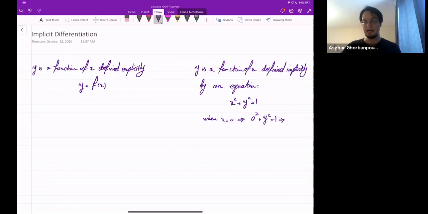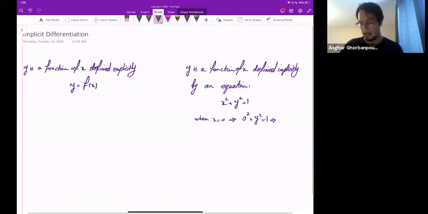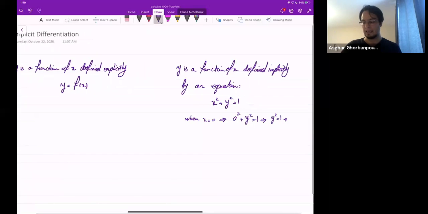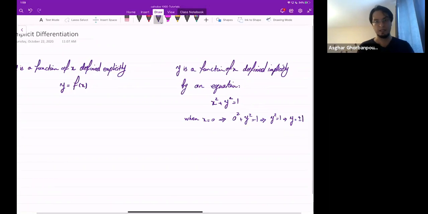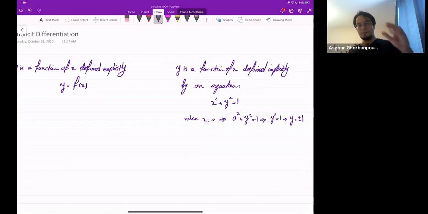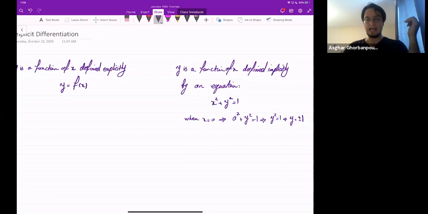And then from there, you see that you have y squared equals 1. And then you can try to solve it, and you see that y is either going to be plus 1 or minus 1. So this is not a regular function that we know, but we can make sense of something called implicitly defined.